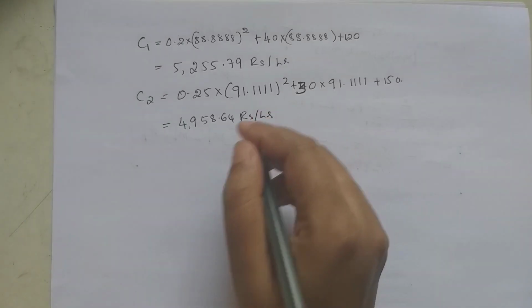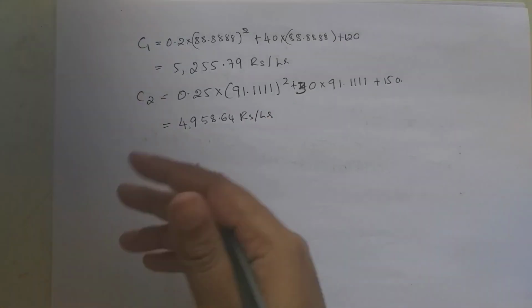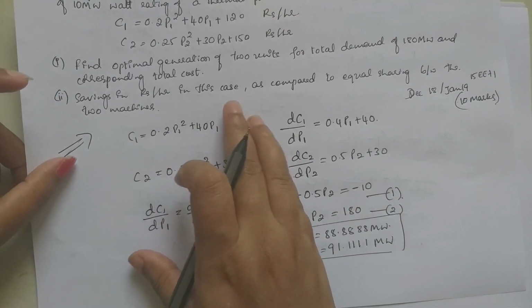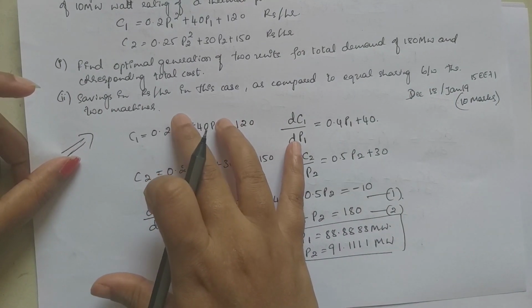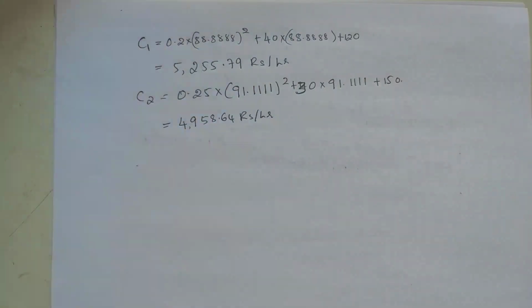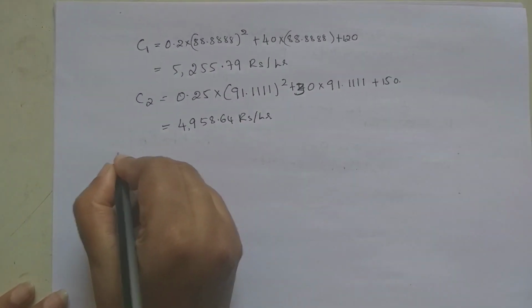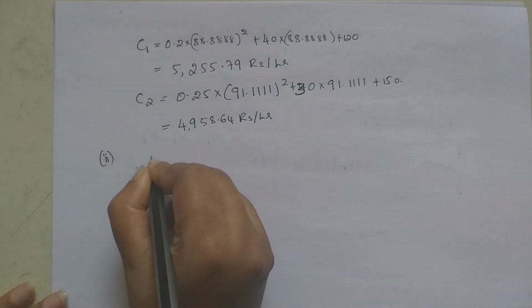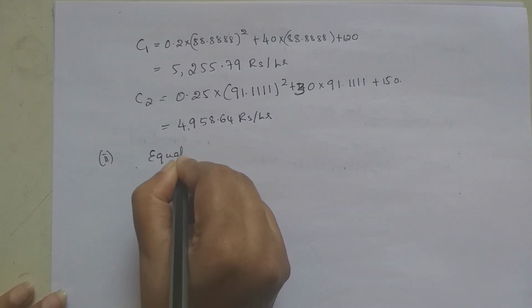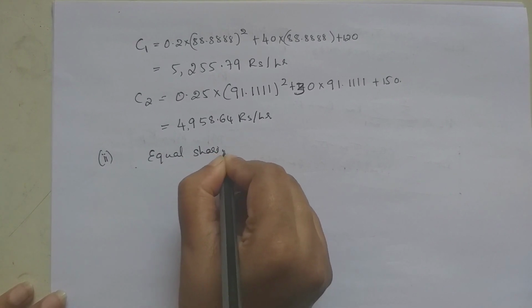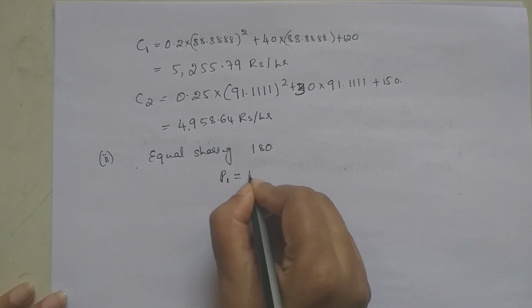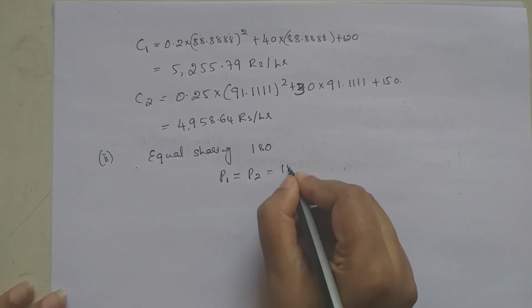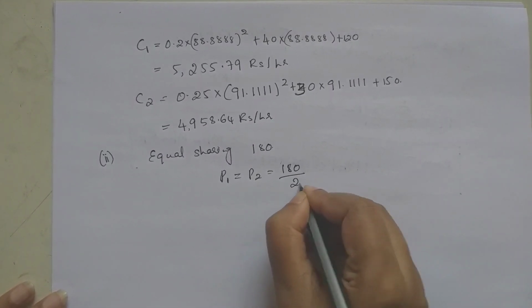The second question, find the savings in rupees per hour in this case as compared to equal sharing between two machines. Okay, when there is equal sharing, total demand is 180, so P1 is equal to P2 is equal to 180 divided by 2, right?